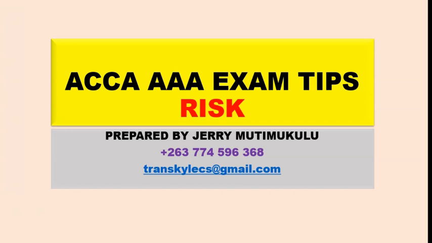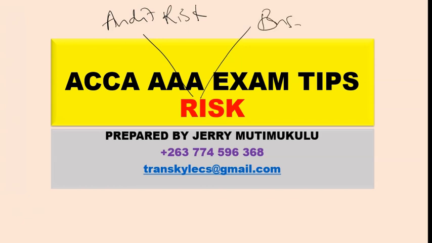In this video, I'm going to explain a few tips related to the ACCA Advanced Audit and Assurance paper. They're just exam tips, and they are related to risk. Remember, in the ACCA paper AAA, there are two forms of risk which are examined: audit risk and business risk.